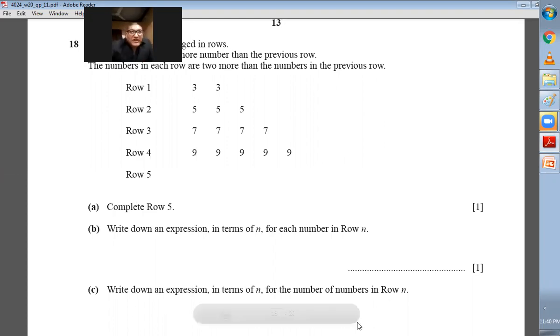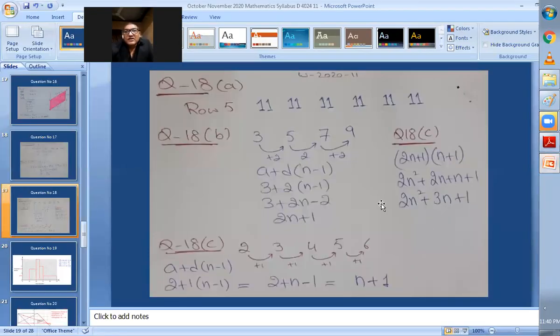So let me write this as a sequence, and then very easily I can tell you. The first has 2, the second has 3, the third has 4, the fourth has 5, and the fifth has 6.